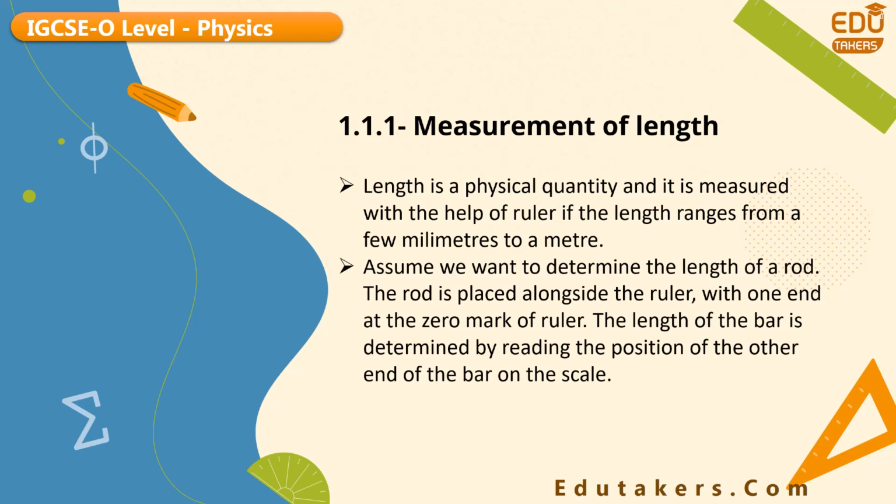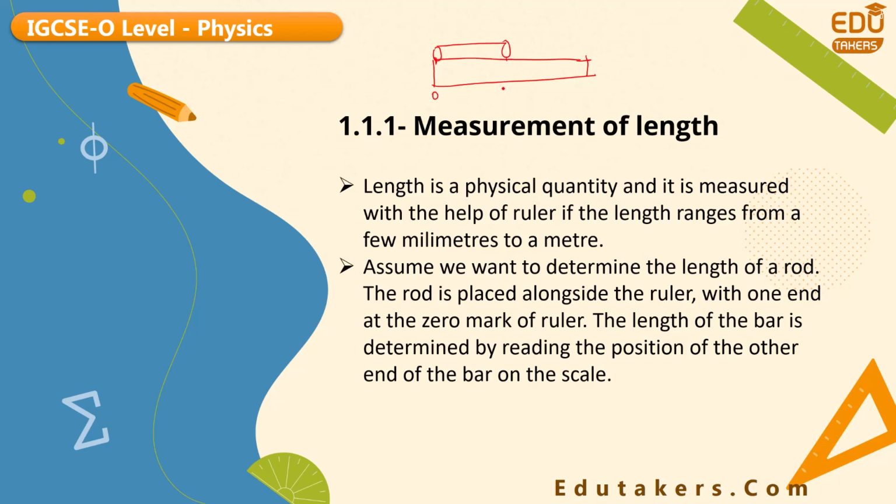Suppose I want to measure the length of the rod. I take a ruler and place the rod over it in such a way that one side of the rod is at the 0 mark while the other side is at some point.